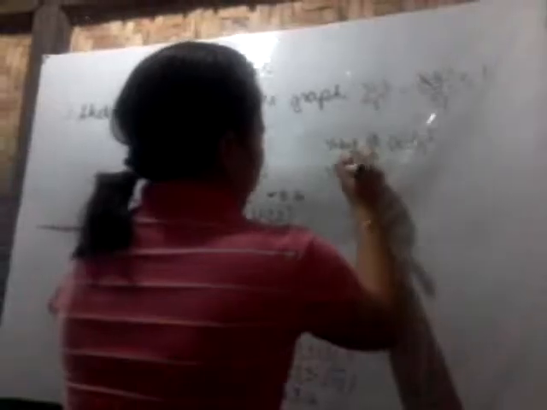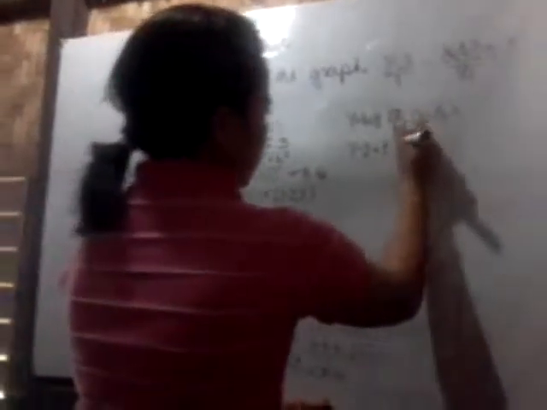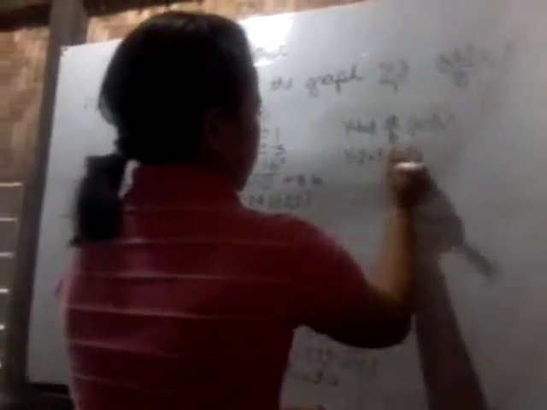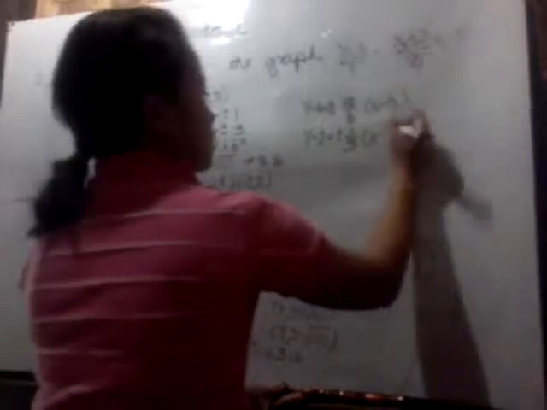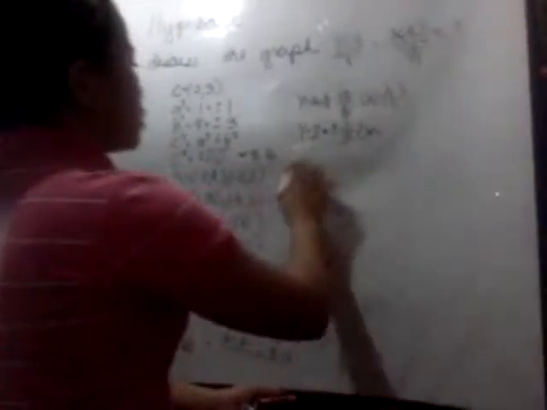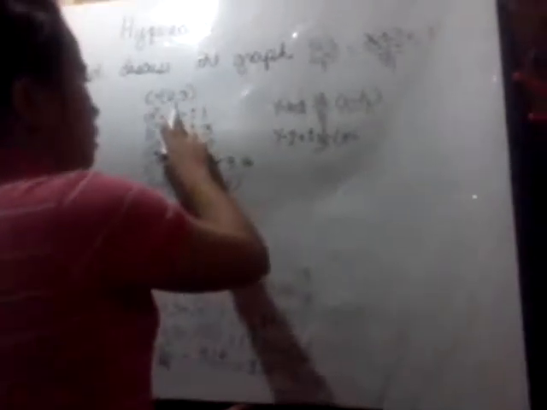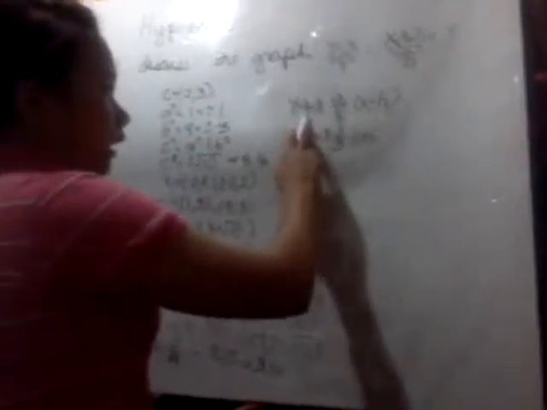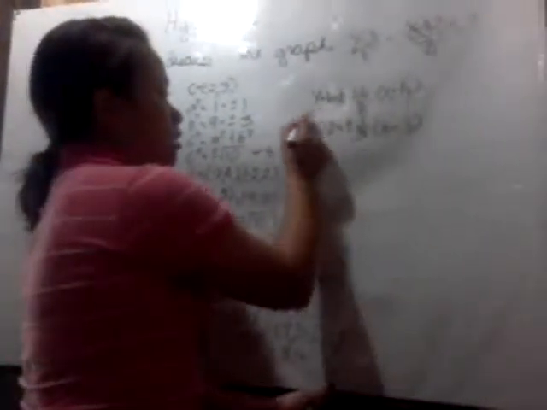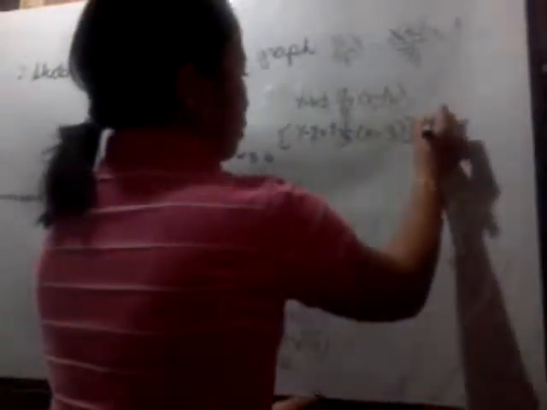So now, a value is 1, b value is 3. There. So x, h here. So 2 is the value of k, and the 3 here is the value of h. Here. There. So we close it. 3 there.